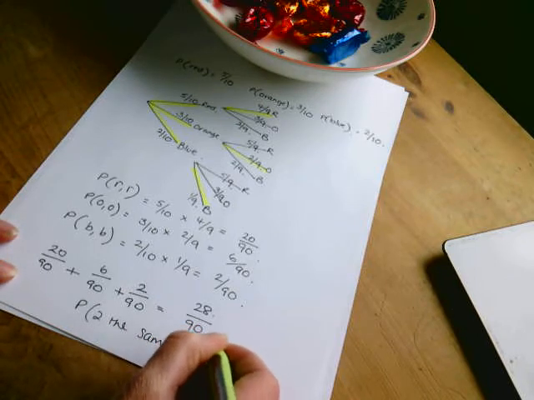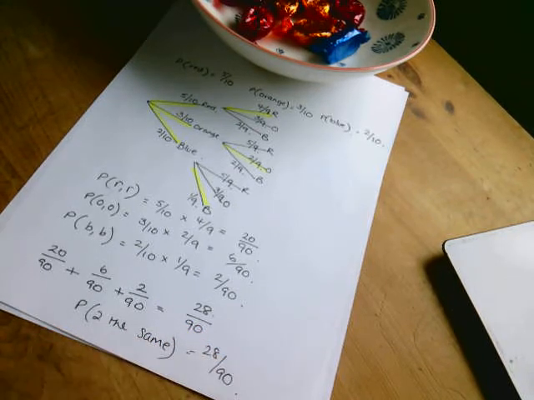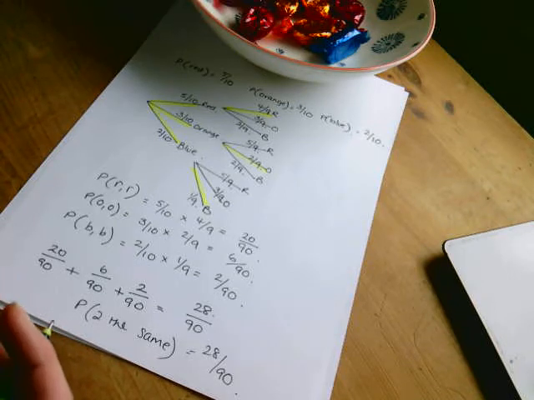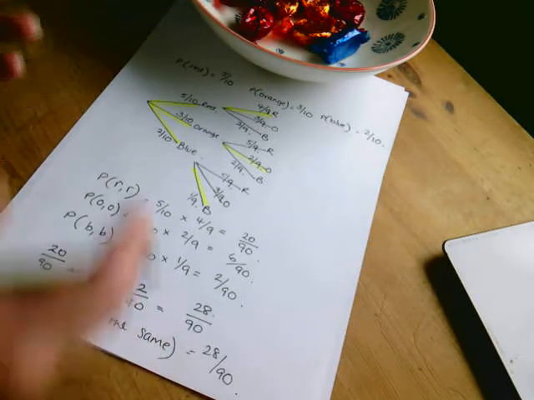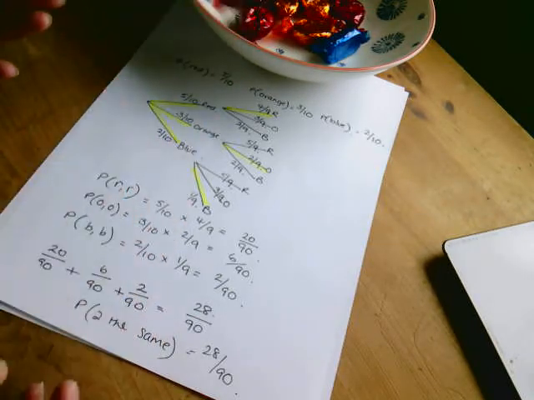If I wanted to know the probability of two different sweets, I know that two the same and two different are the only possibilities we can have. We can either take two sweets the same or two sweets which are different. There's no other possible way of that occurring.